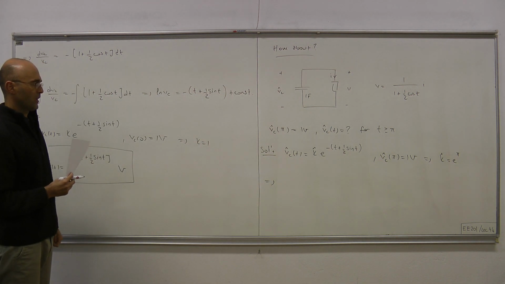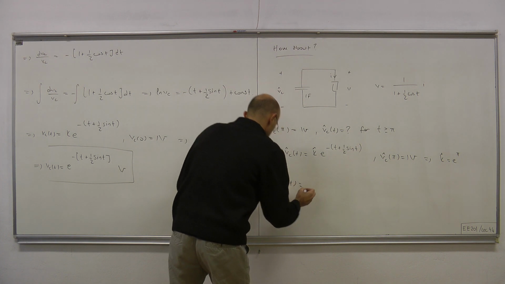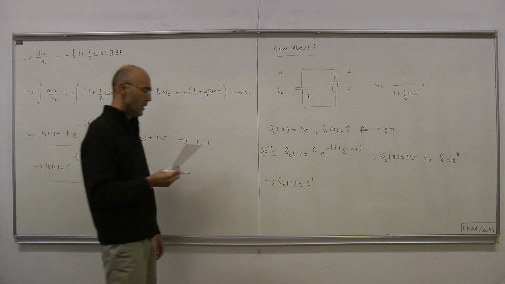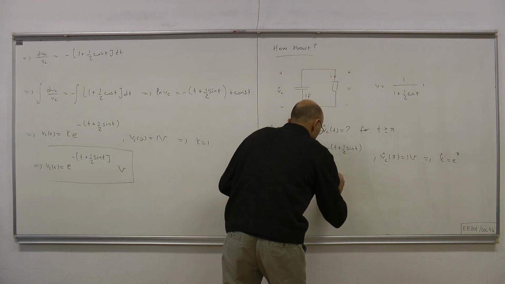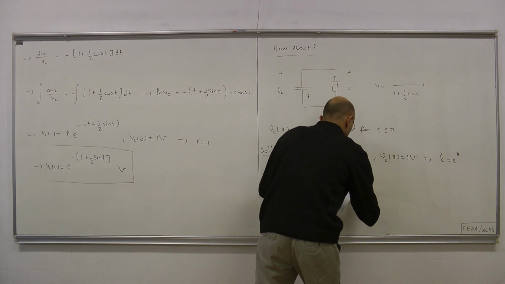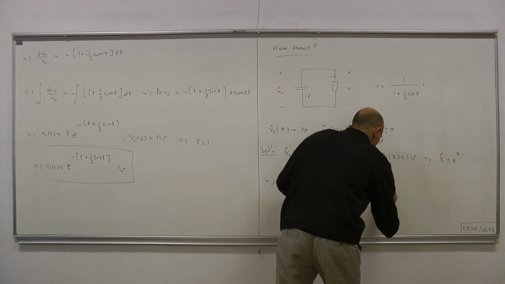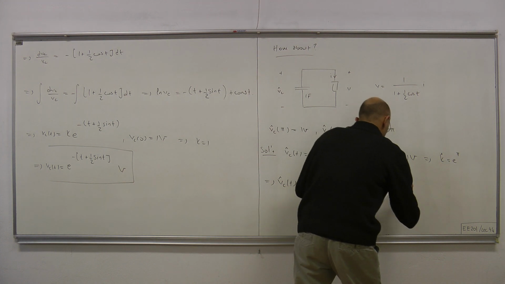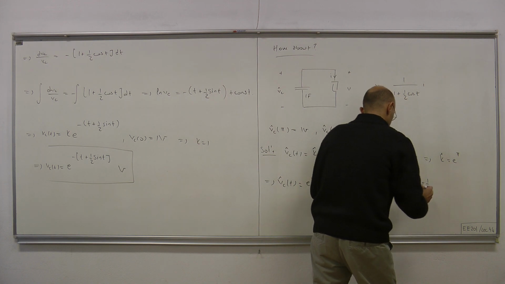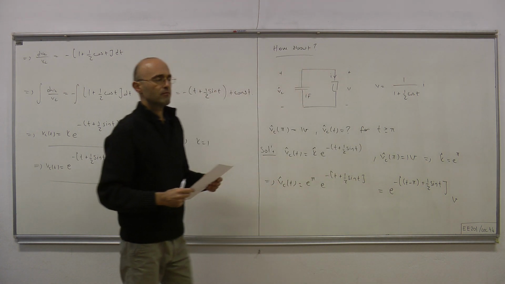Okay. Now, what's VC hat t? VC hat t equals k hat, which now is computed to be e to the pi, times e to the minus t plus 1/2 sine t. And that can be written as e to the minus t minus pi plus 1/2 sine t volts.